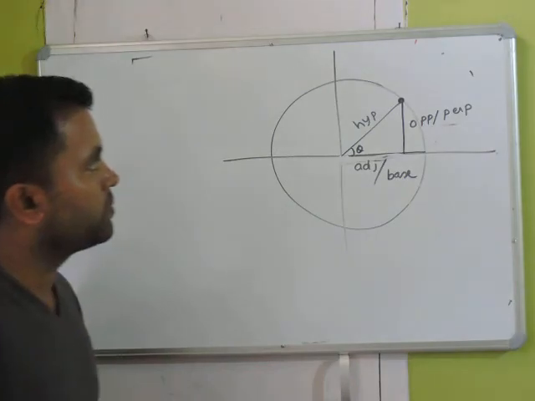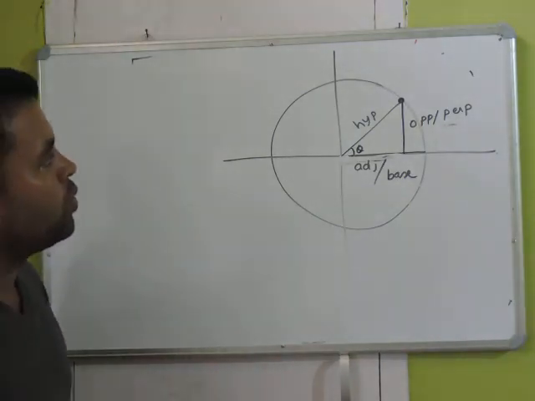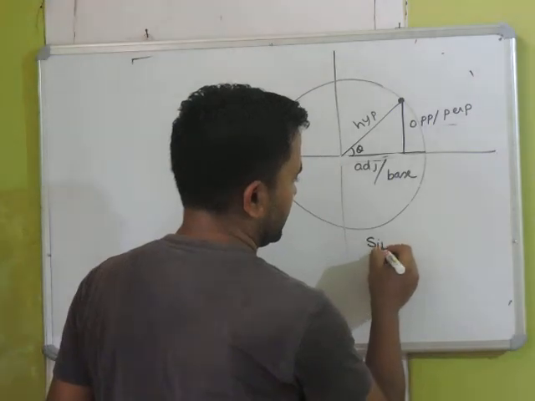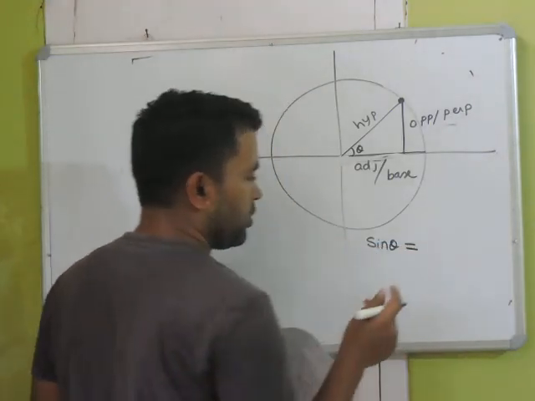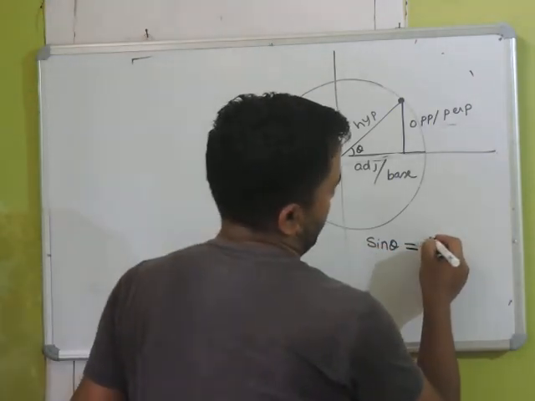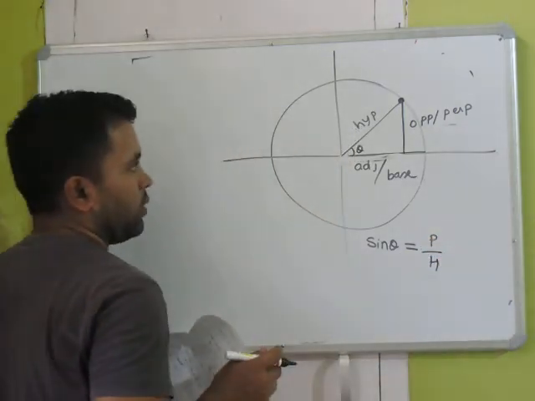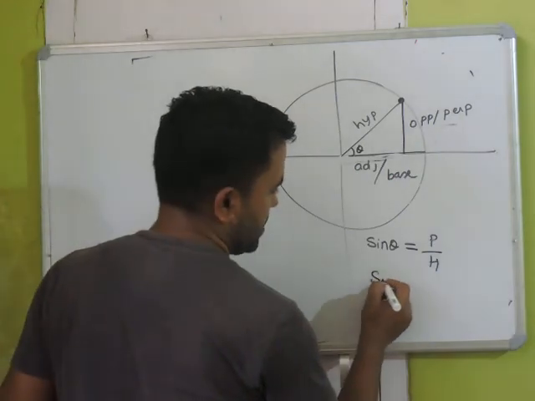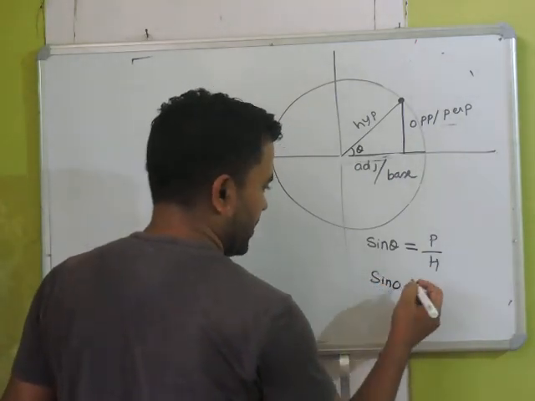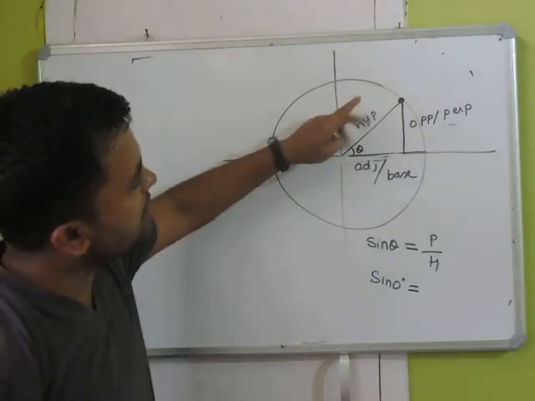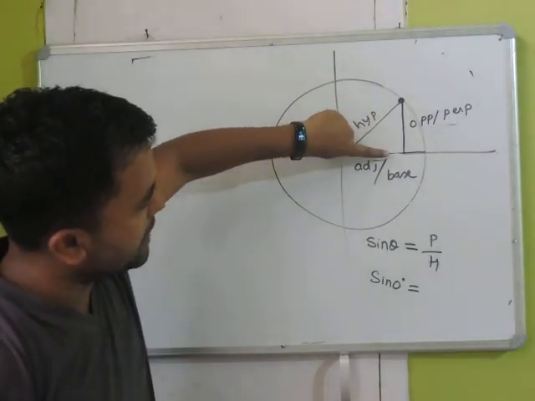Now if I ask you what is sine theta, then we all know that sine theta is perpendicular by hypotenuse, right? What will be the value of sine 0? We know that it's 0. Let us try to find it out. Sine 0 means this line is here, right?